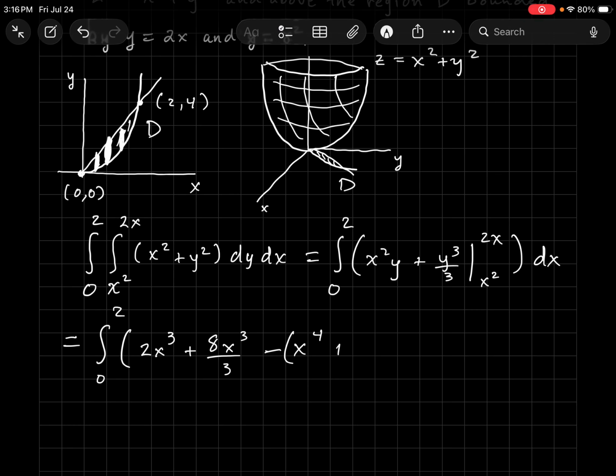Actually, I'll go and write it with my parentheses, plus, and then plug in x squared into y, we get x to the 6th over 3, and then dx.